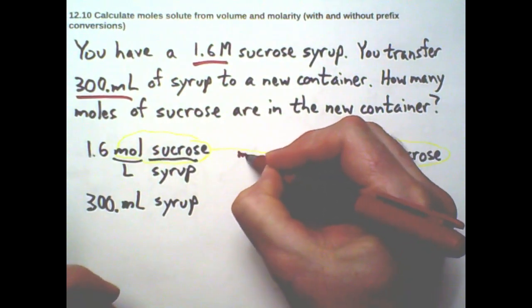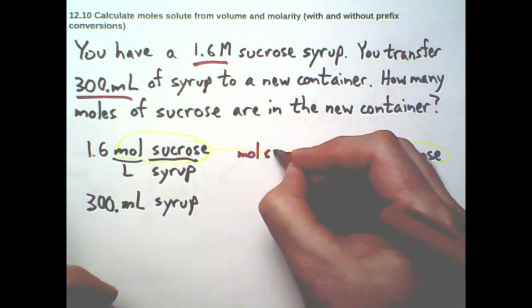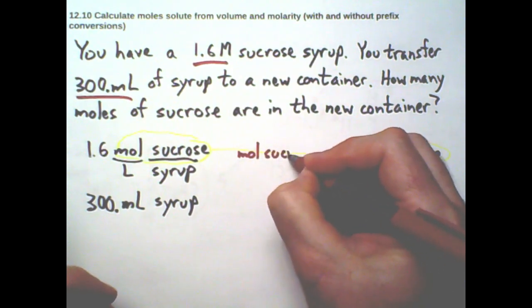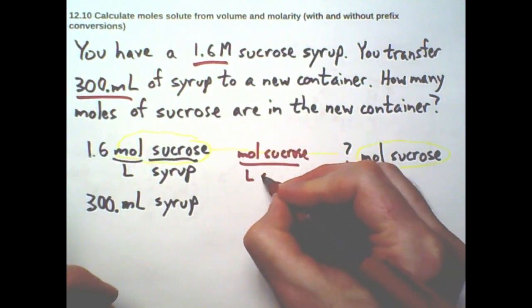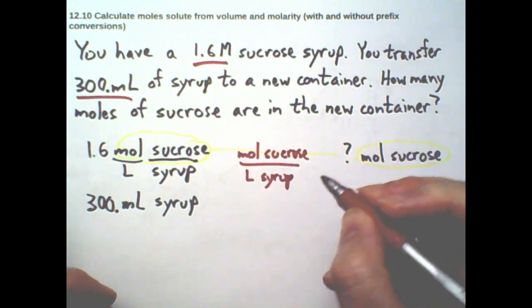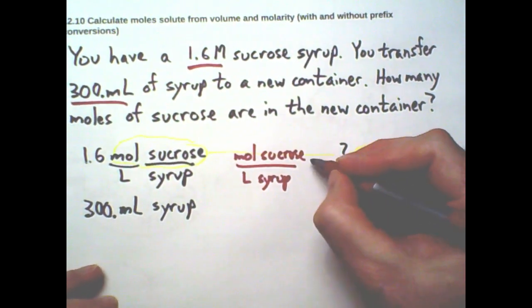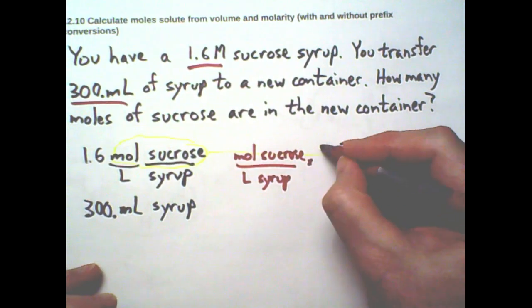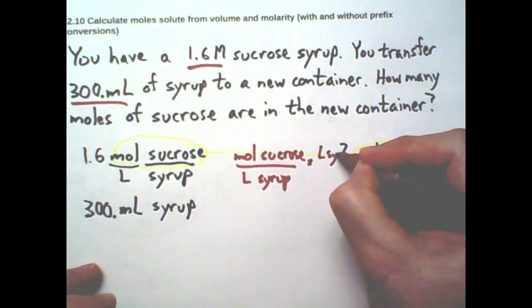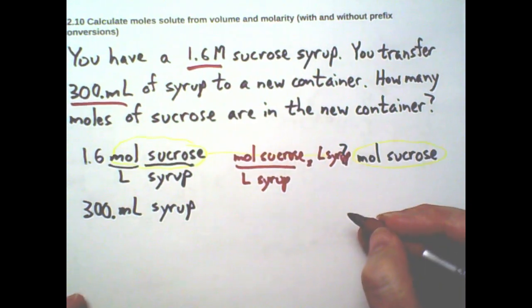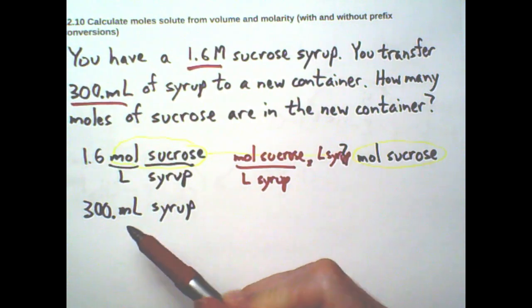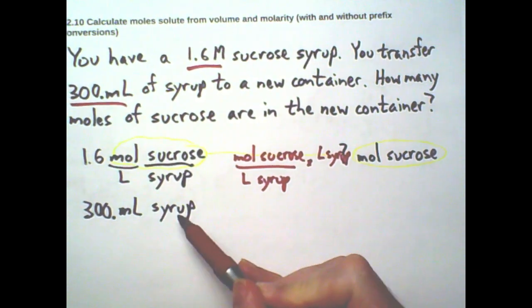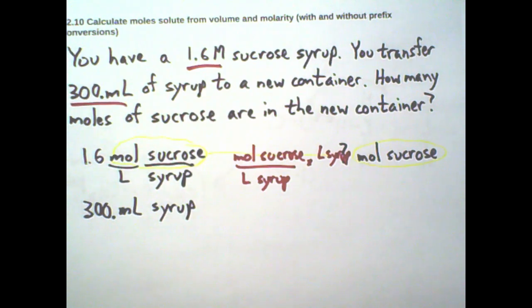Needs to stay on top, mole sucrose, liters syrup. So my connection is going to be multiplying by liters syrup. That will make it cancel. Well, I have milliliters syrup.